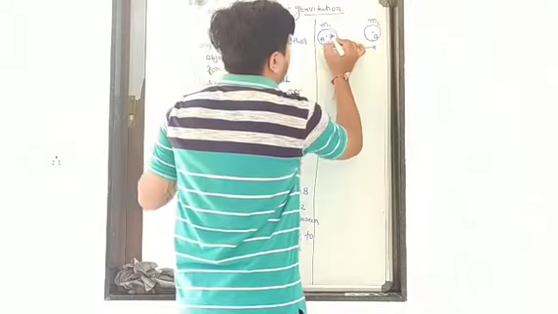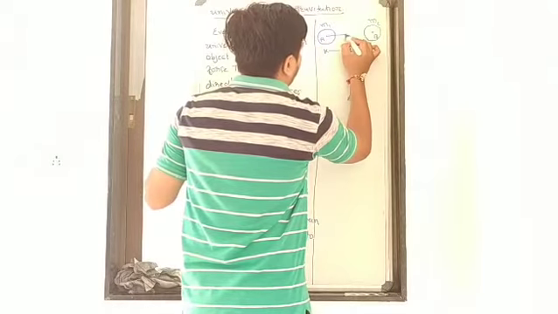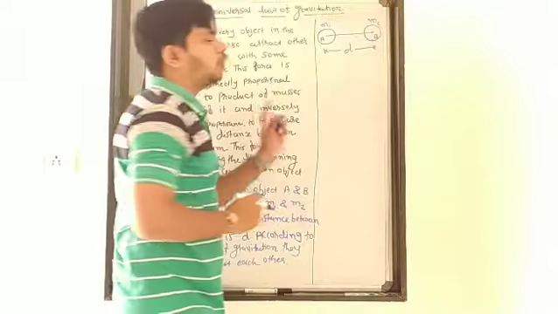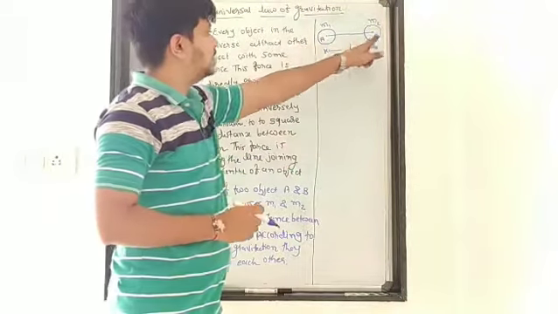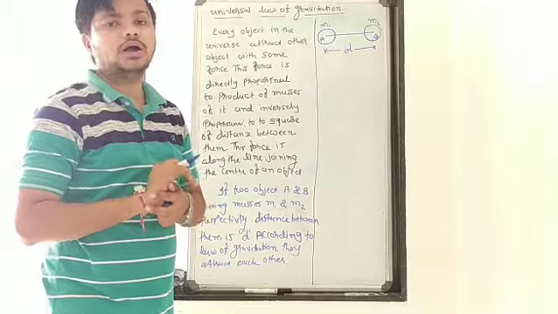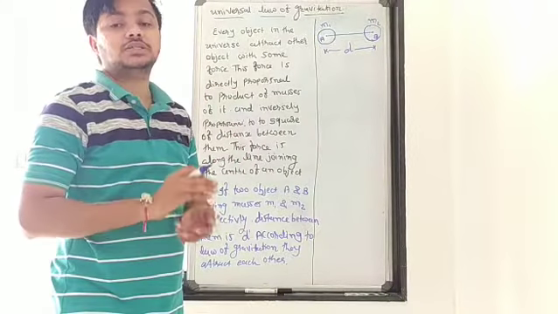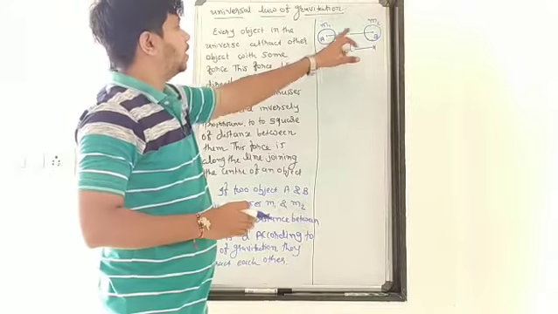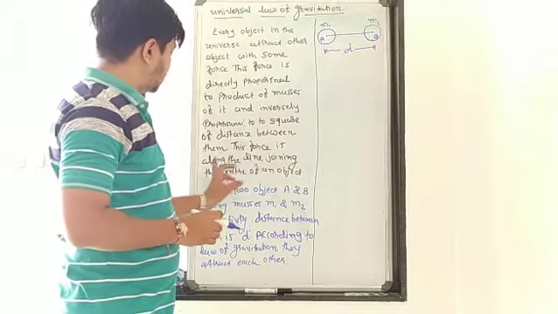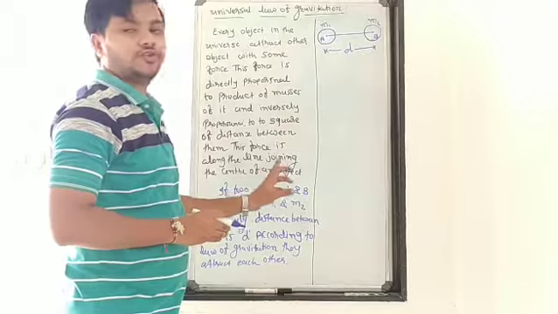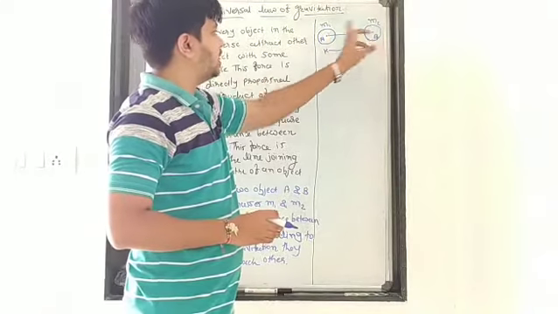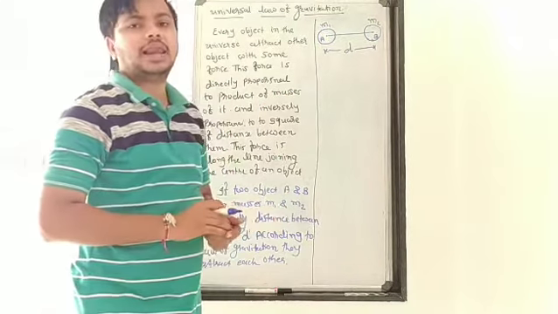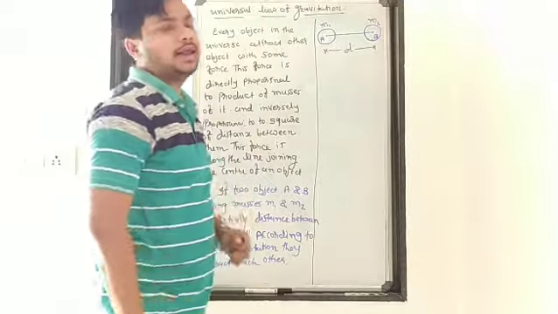Means you have to take the joining line of the two centers, and the force is exactly on this line. Force is a vector quantity, so there should be a direction, right? So the force is along the line joining the centers of the objects. So here are the centers, and you just have to join the line. Then the force is on A.